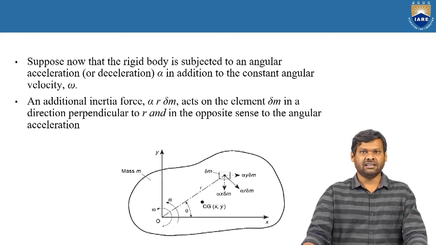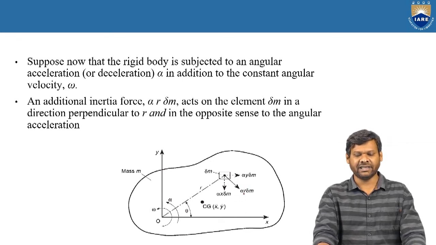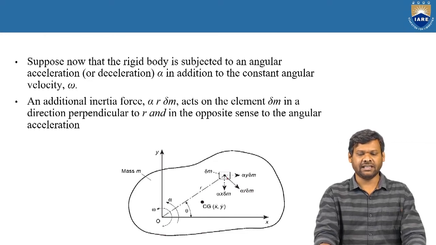As a result, if we consider a uniform angular acceleration of alpha, the force acting on the aircraft is given as alpha r times delta m. Alpha is the angular acceleration of the rigid body and r is the radius vector from the origin to the small elemental mass delta m.